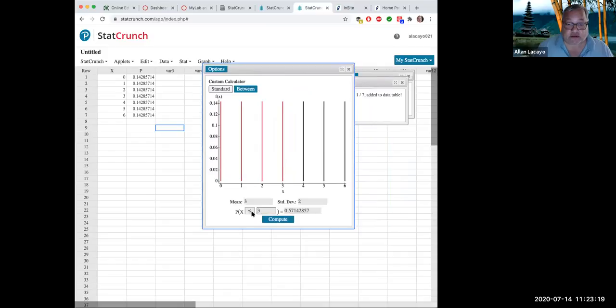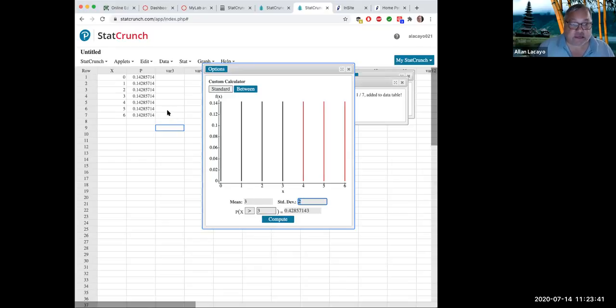And I can now look at the probability that X is more than 3, and that's 0.4285, which consists of these 3 red bars out of the 7 bars. The mean is 3 calls per hour, give or take 2 calls per hour. So in this case, the mean and the standard deviation are 3 and 2.